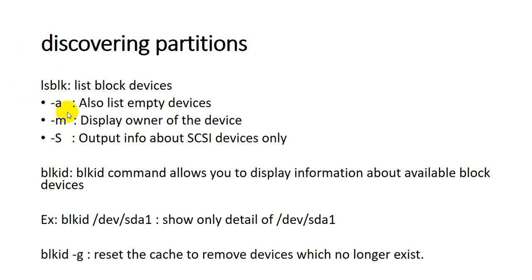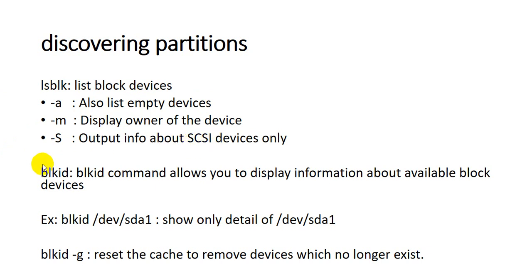Here are the options that work with the lsblk command. -a lists empty devices. If you type the command lsblk, it will not list empty devices, but if you use the option -a, you can see the empty devices also. -m displays the owner of the device. Capital -L displays only the information about SCSI devices.